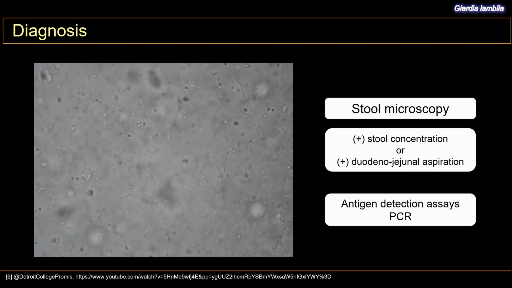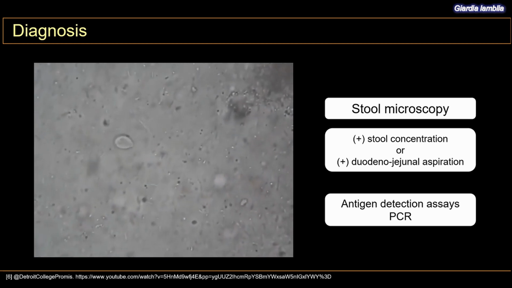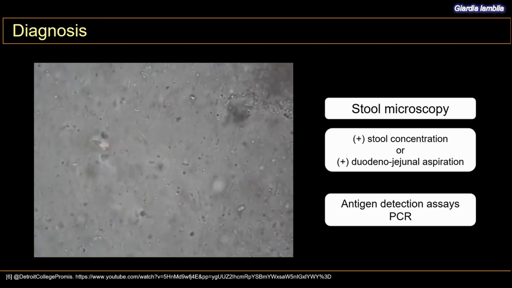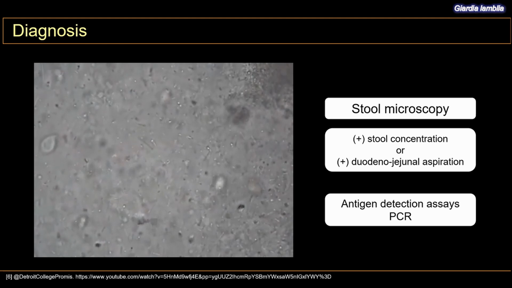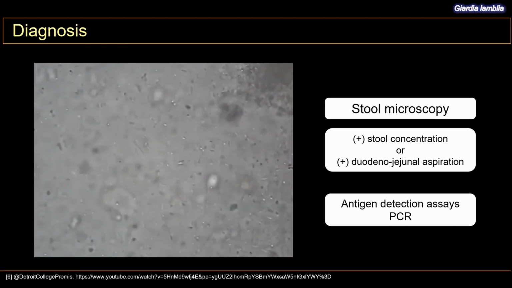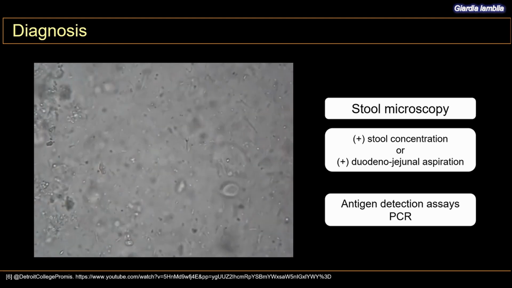Stool concentration techniques, duodenal and jejunal aspirations, or an enterotest can be used for higher diagnostic sensitivity. Newer diagnostic tools include direct immunofluorescent assays, ELISA, and polymerase chain reactions, and these methods provide higher sensitivity and faster turnaround time compared with microscopy.